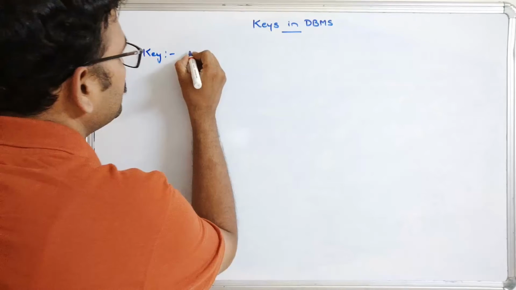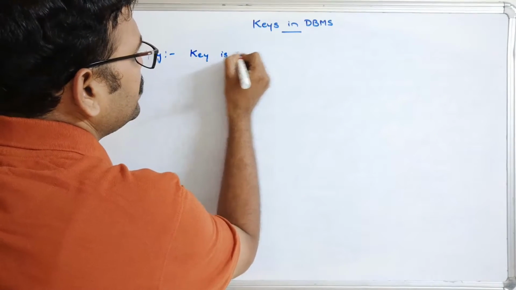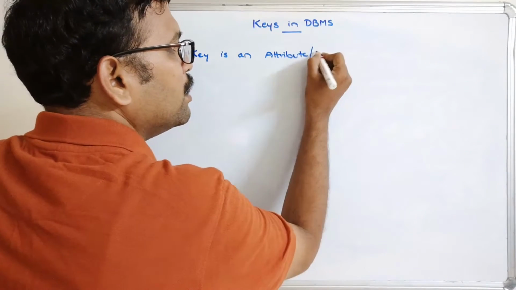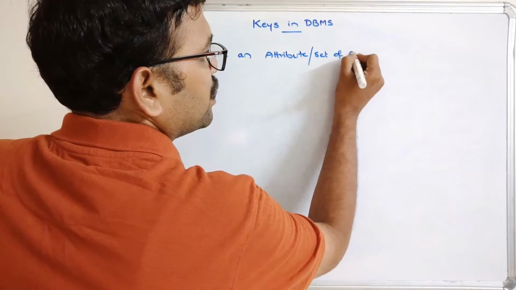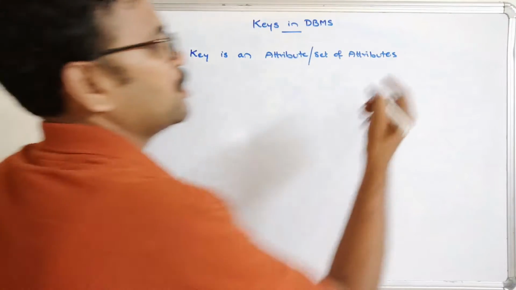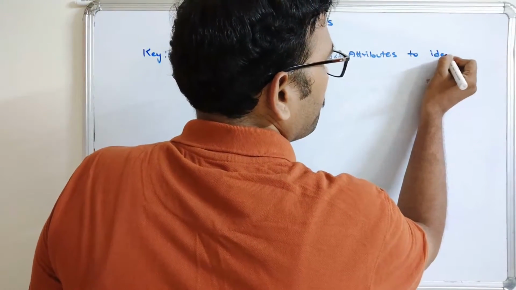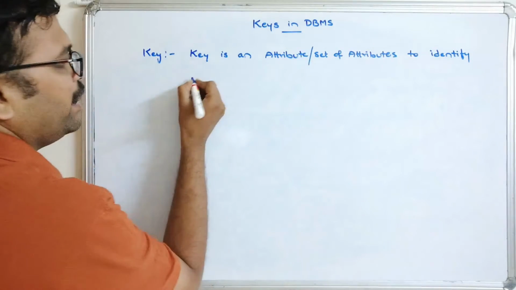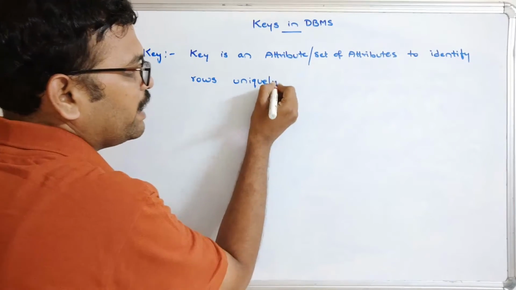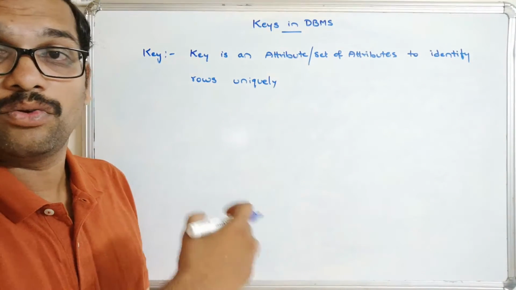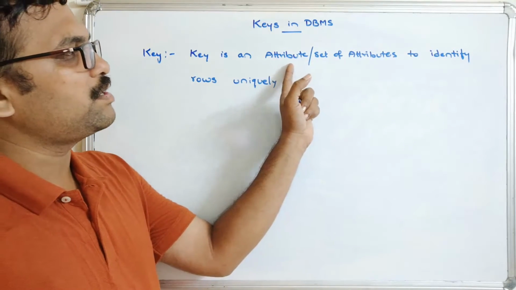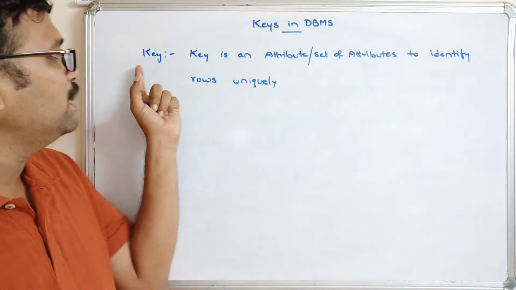So a key is an attribute or a set of attributes, that means it may be a single column or multiple columns, to identify rows uniquely, without any repetition, in order to get the rows from the table. This attribute or set of attributes is called the key.